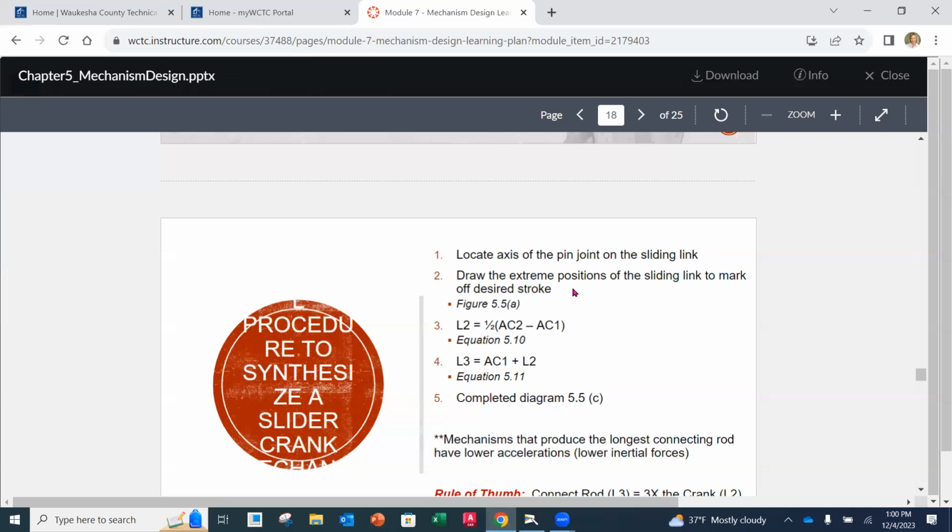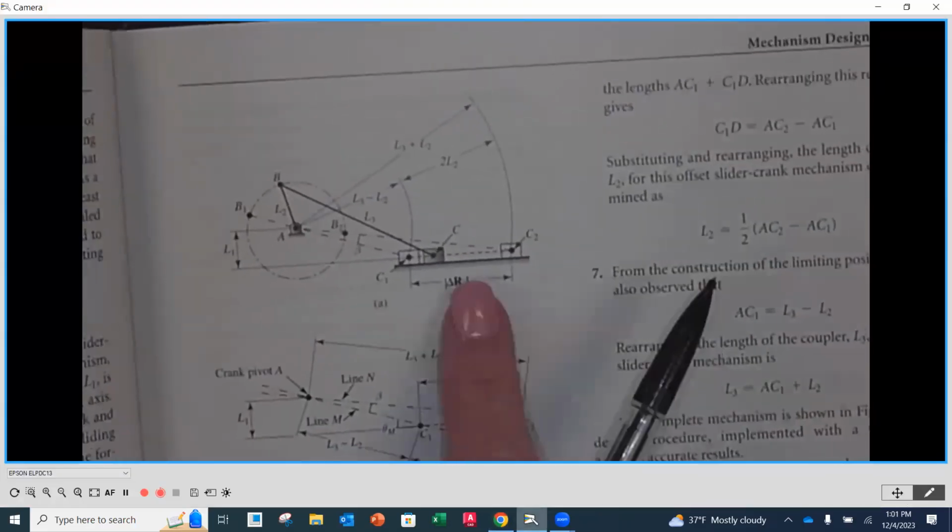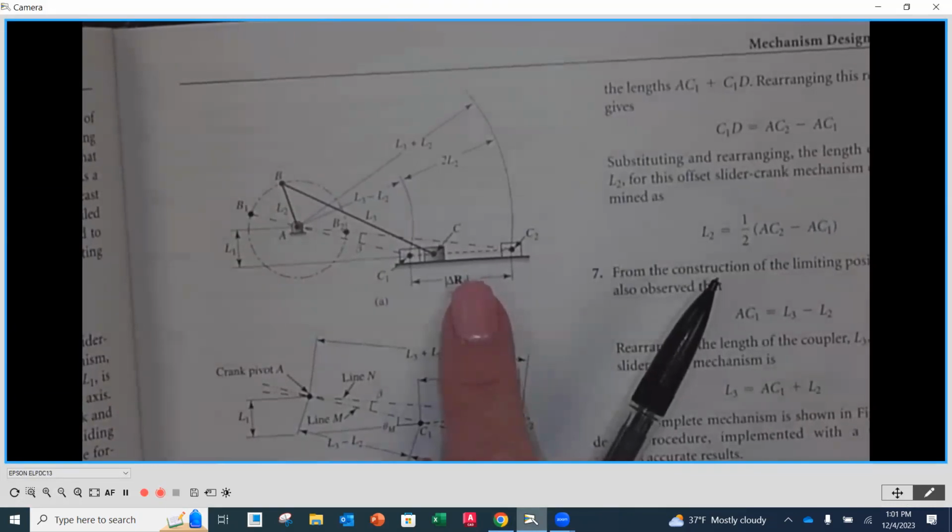Then for an offset link, this is the equation that we're going to be using for the length of link number 2. It's going to be half of AC2 minus AC1. So we're going to go back to underneath, referring to this diagram.